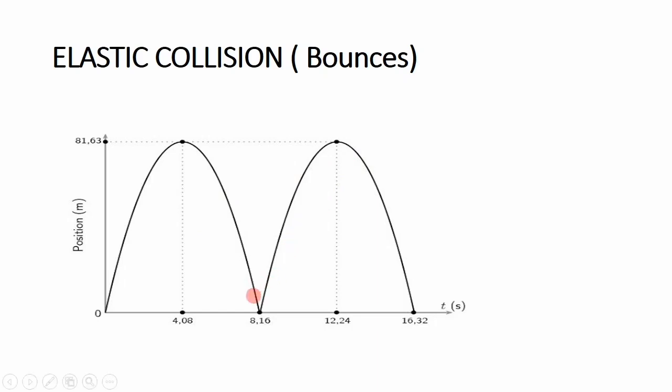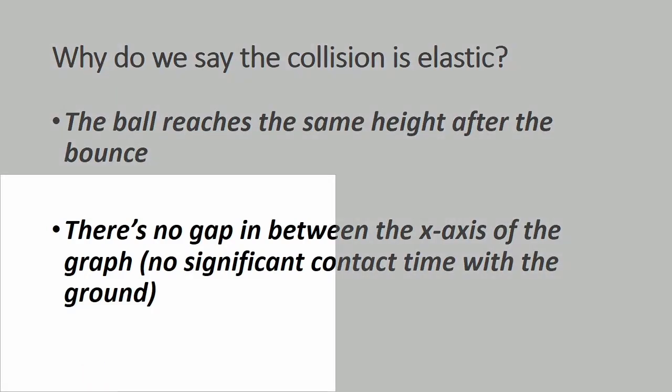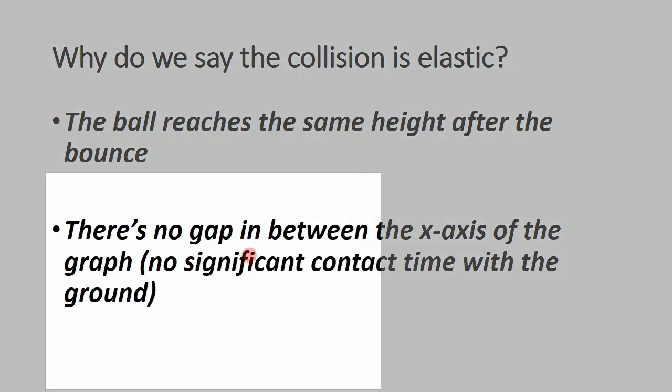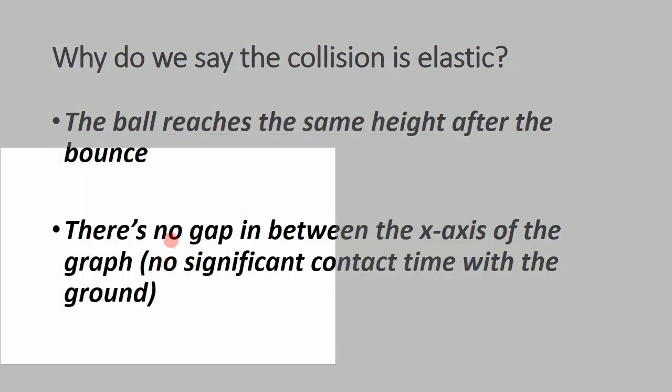And also again, you will note that there is no gap in between the x-axis of this graph to indicate that there is no significant contact time with the ground. So that means there was no loss of kinetic energy. So why do we say the collision is elastic? We say the ball reaches the same height after the bounce, and there is no gap in between the x-axis, which indicates that there is no significant contact time with the ground.